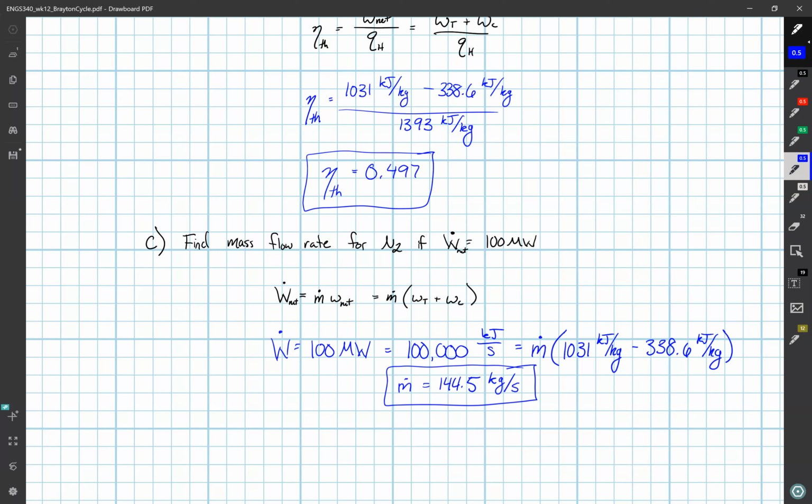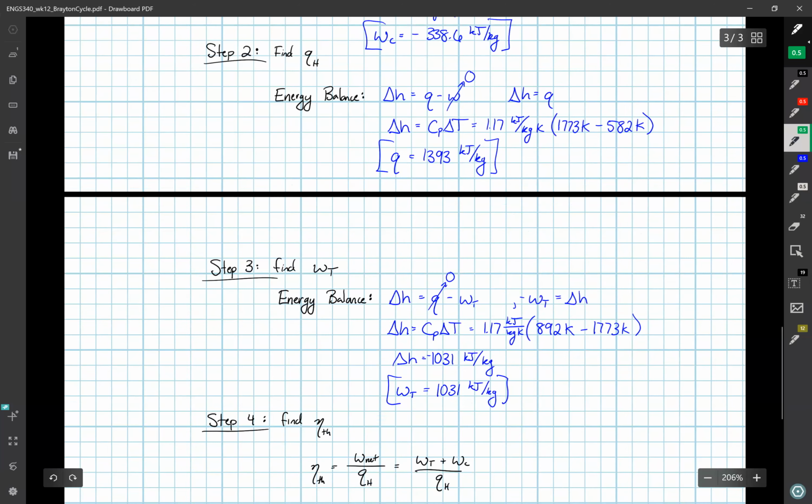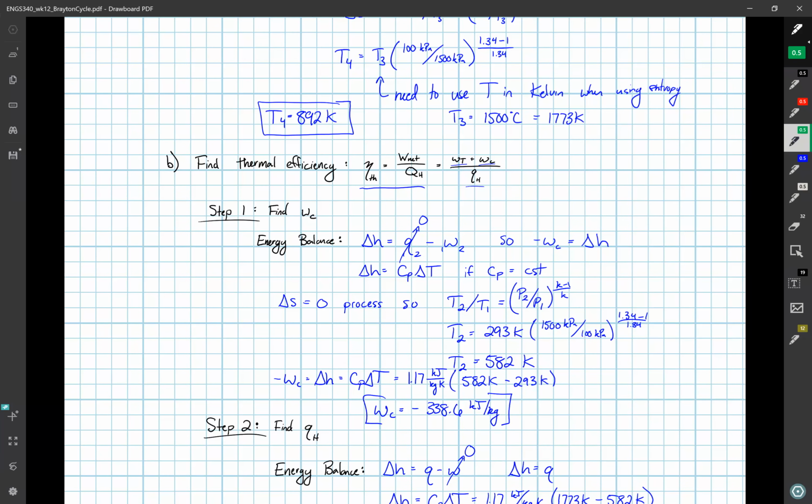So the problem-solving process looks a little bit different in this than maybe what we're used to when we were just looking up values. But basically it's still the same. We're still using energy balances. Right? We're still using the same energy balances. We're using things that we know about the process to be able to figure out what's coming out the other end.